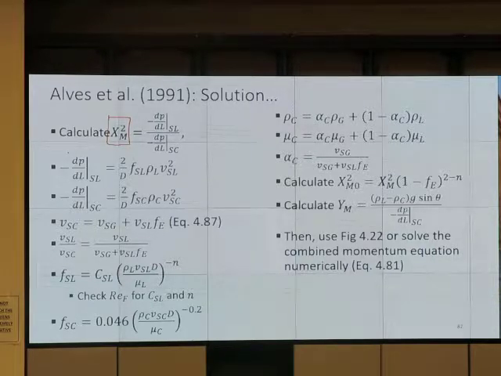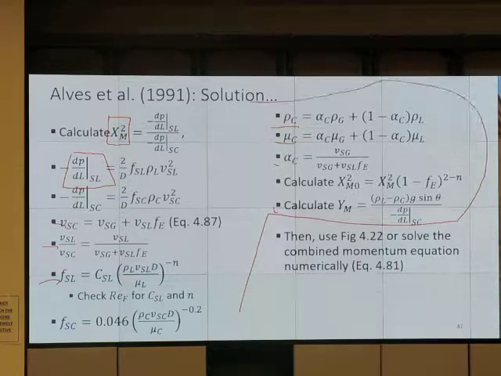Superficial frictional pressure loss based on VSL and VSC and all other parameters, including rho c, alpha c, and y m. You can calculate all that. Any question on this part? Next step is to use a figure to solve your film thickness. Figure 4.22.